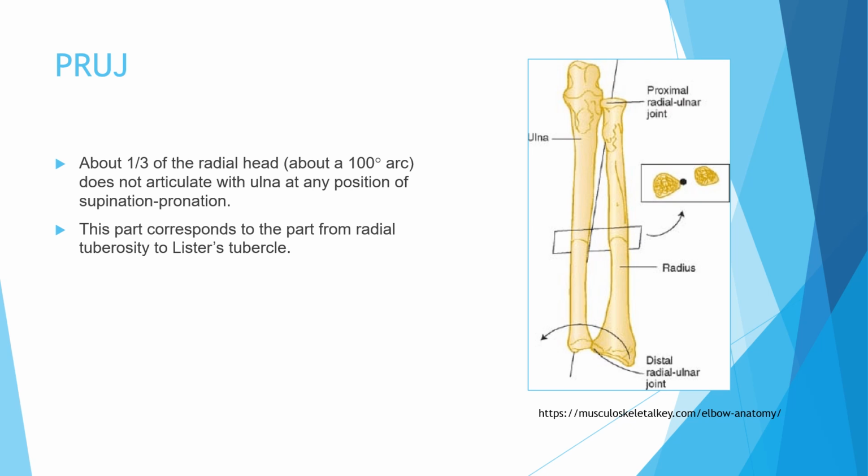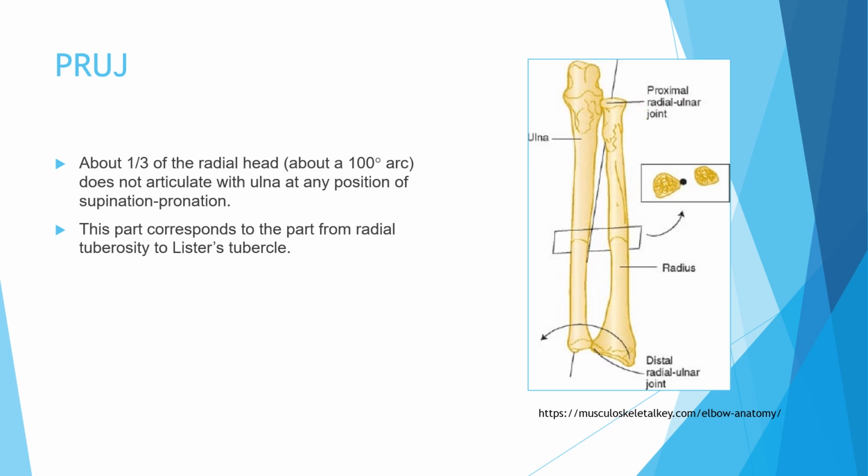It's about a 100-degree arc, and that 100-degree arc corresponds to the part from the Lister tubercle to the radial tuberosity. This is very important, because when you put internal fixation proximally, you want to put it in an area that will never go into the sigmoid notch or the proximal radioulnar joint in any position.